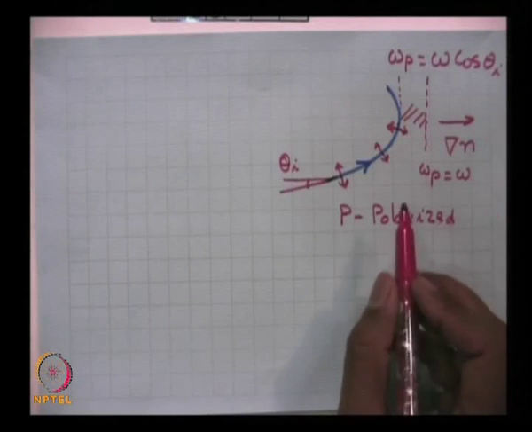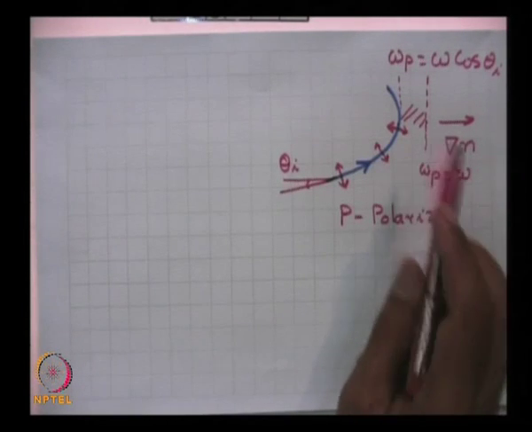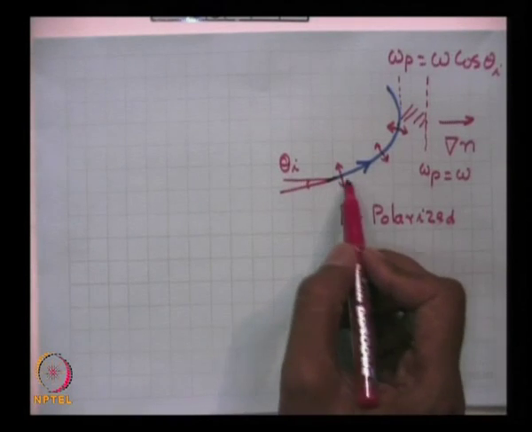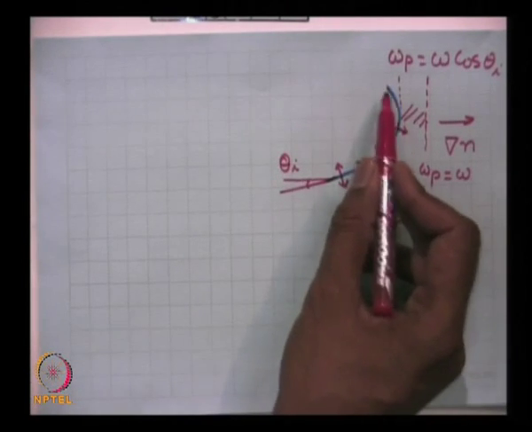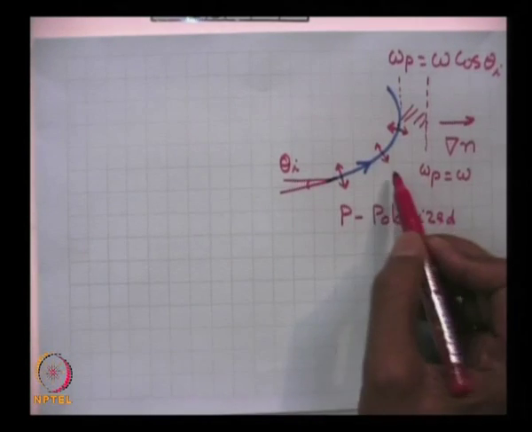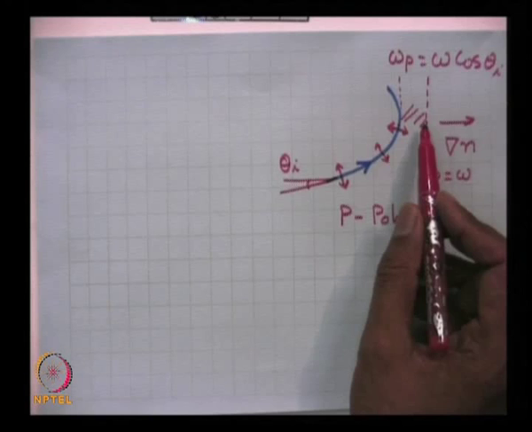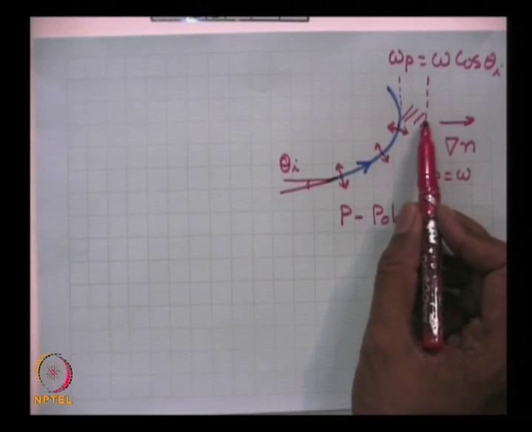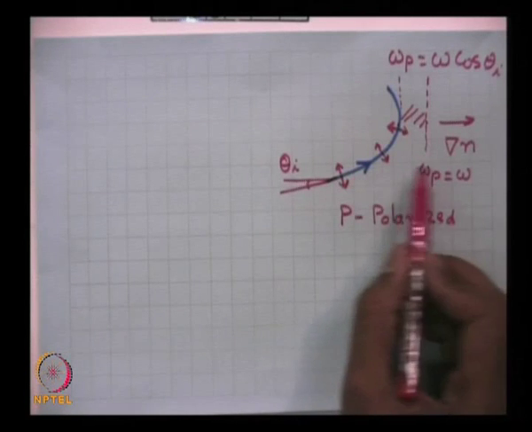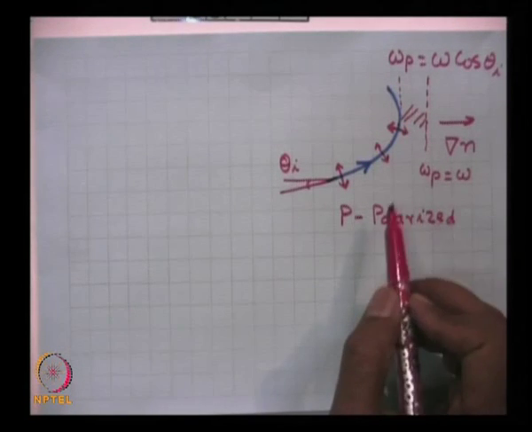So, there is a very special thing that happens here, that for p polarized light, as the wave changes its orientation, the electric field also rotates, and it may give rise to large density oscillations, or the conversion of the wave into plasma wave can occur.